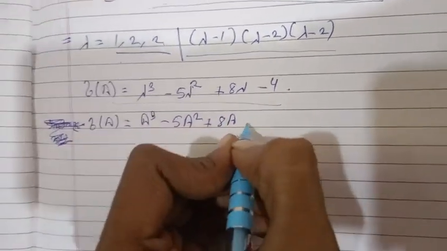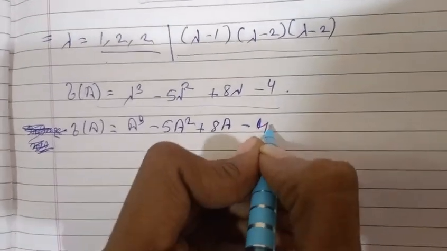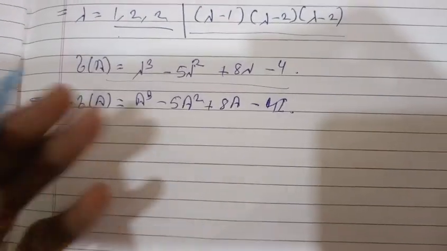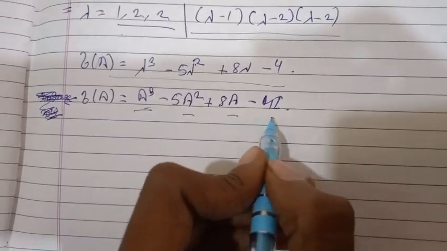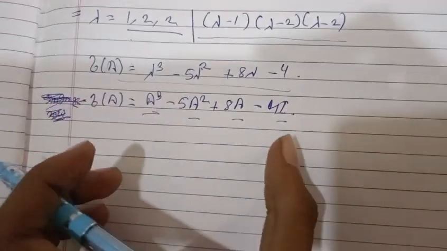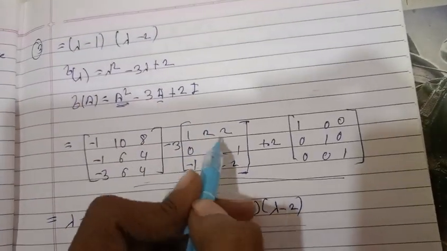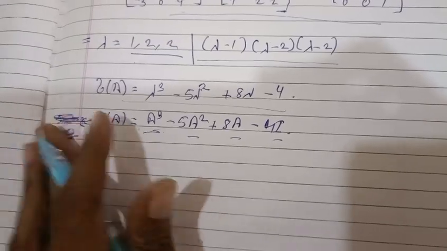Plus 8a minus 4i, sorry, it's not 4, it's 4i, and continue, directly a and I, the identical matrix put. That a value put like this, a cube.